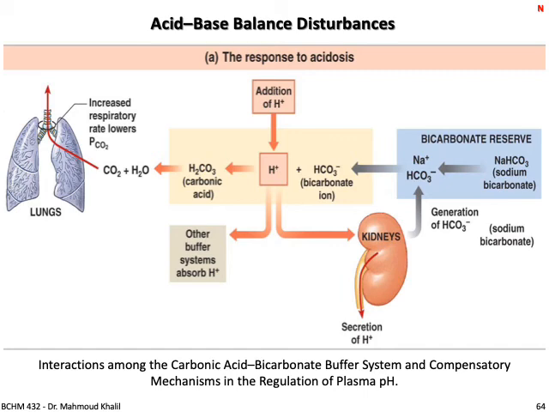When sodium bicarbonate breaks into sodium and the bicarbonate ion, this bicarbonate ion will have an effect on lowering the severe high concentration of protons. Other buffer systems can absorb the protons from the ECF, and as well the protons can be secreted by the kidney.